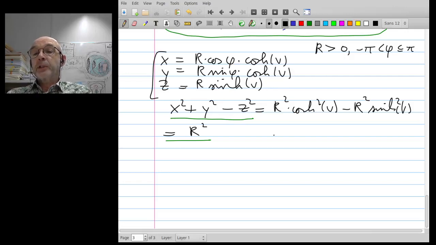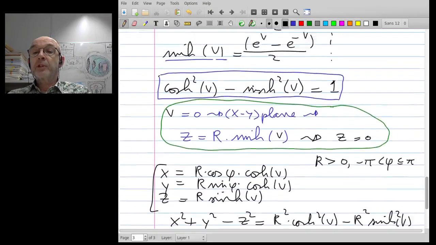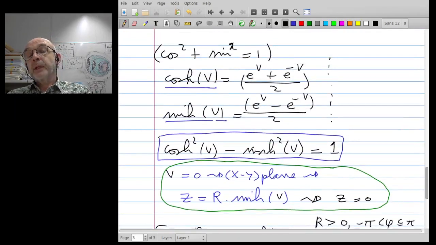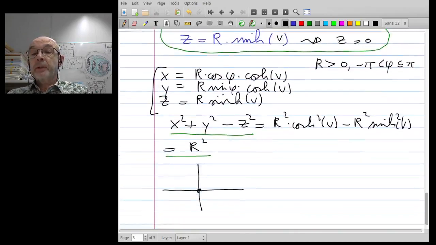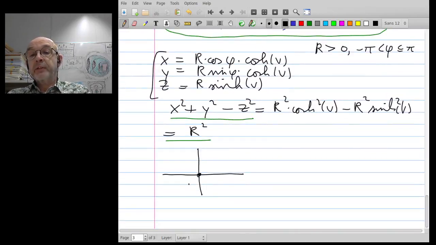And the sine hyperbolic, a sketch of it. Sine hyperbolic at 0 is 0, and if you take the derivative of the sine hyperbolic, you get the cosine hyperbolic. So there it goes straight through the origin.